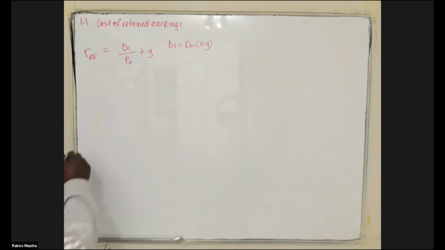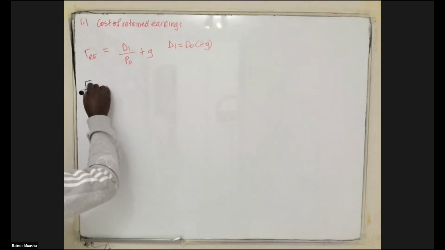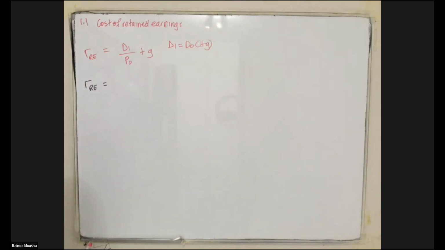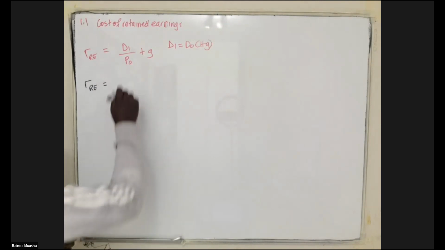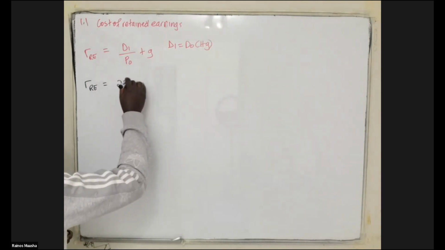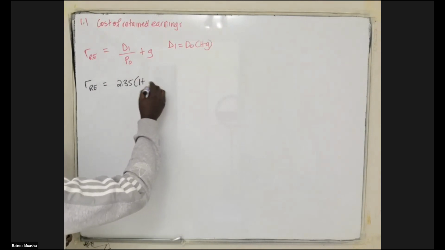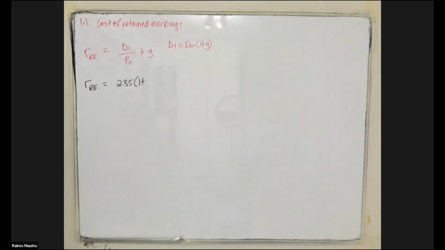The cost of retained earnings would be given as your D0 of 2.35 in brackets 1 plus the growth rate, which is given as 8%.